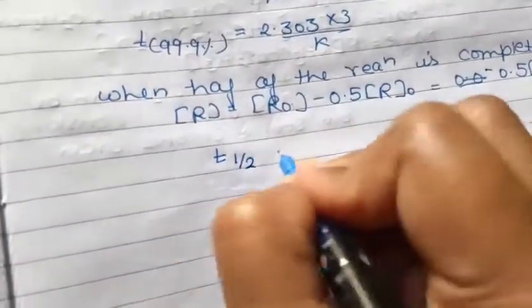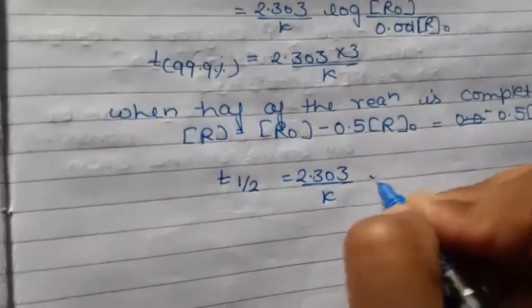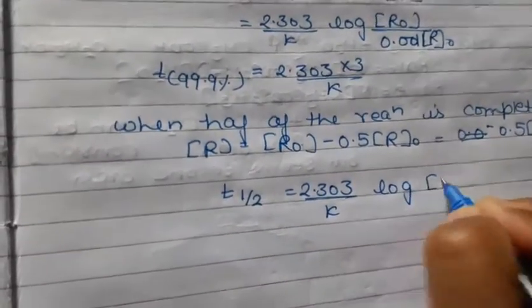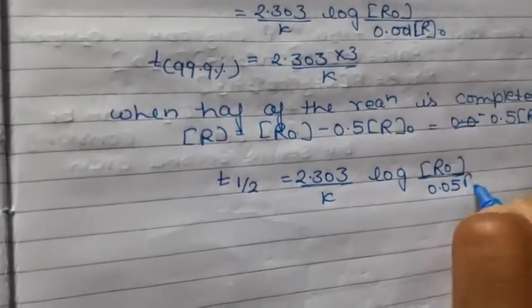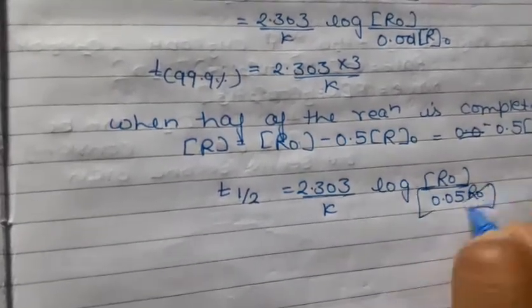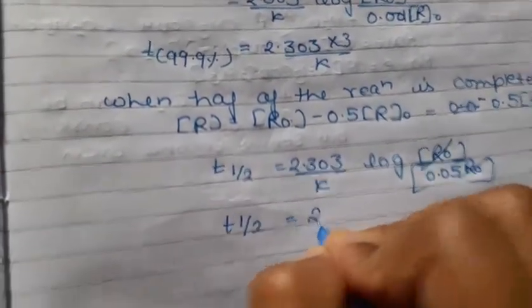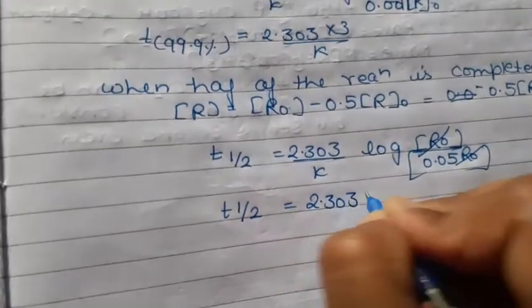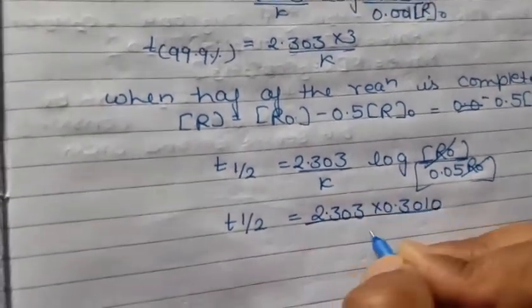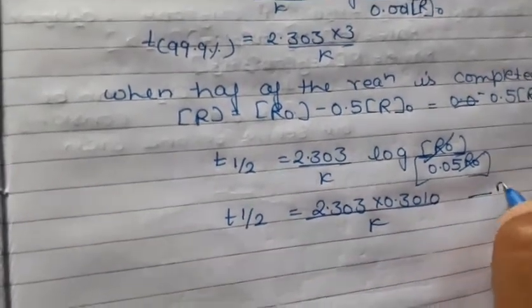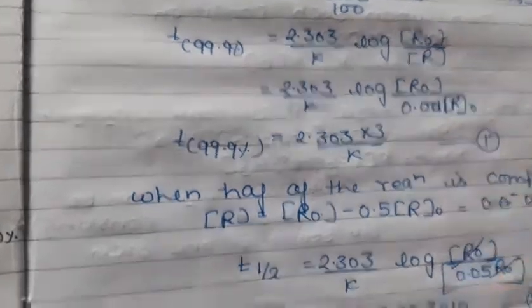Okay, now put the value. T half equals 2.303 upon k log R naught upon 0.5 R naught. R naught is cut down, so t half equals 2.303 into 0.3010 upon k. This is equation number two, and the earlier one is equation number one.